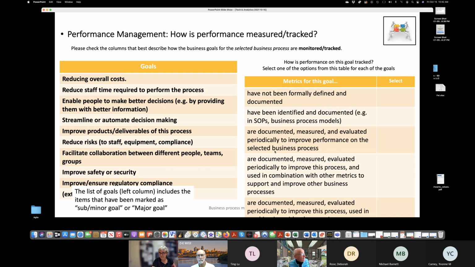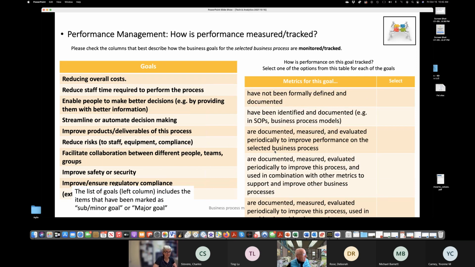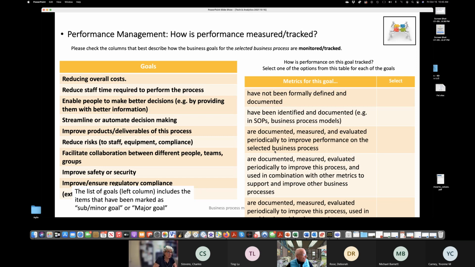So once that page says, okay, these are our goals, then you go around the goals that are important, or critically important, and you go one by one, and I say, okay, how do you measure these things? Do you have a way to measure the costs?